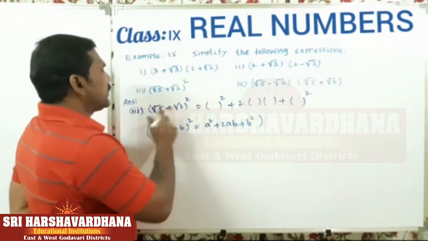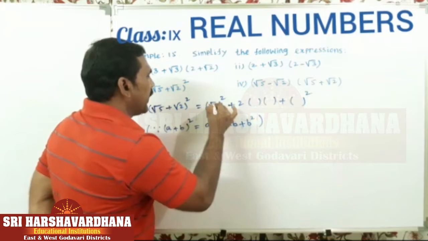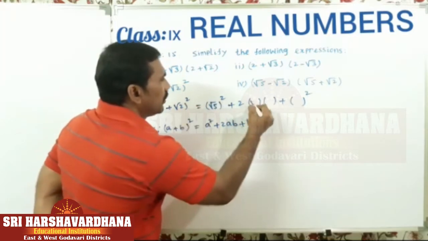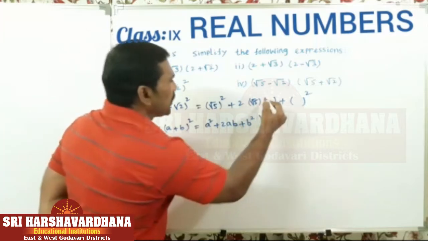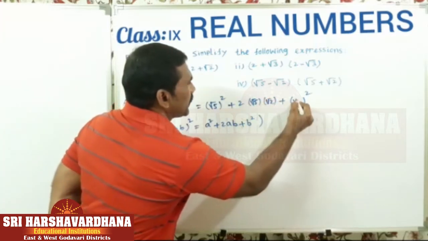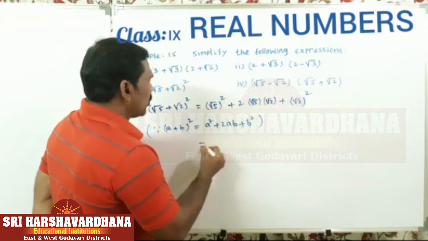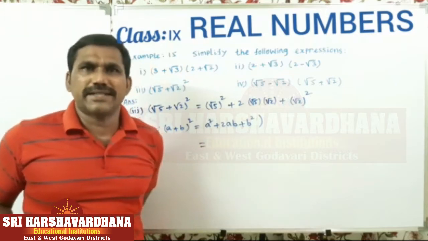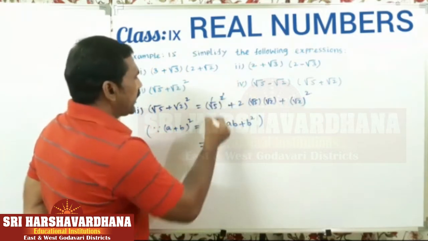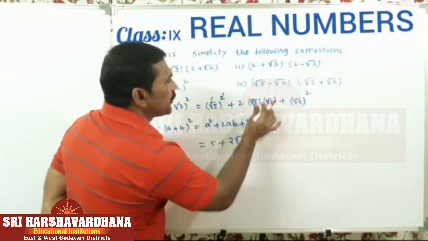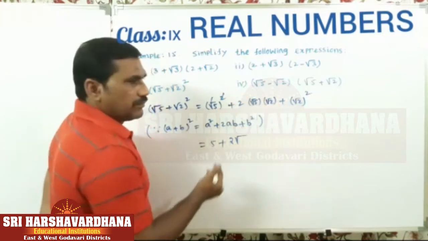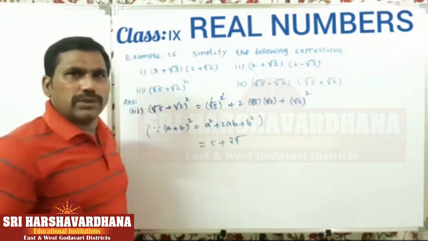Okay, what is first term, children? Root 5. What is second term, children? Root 2. Root 5 whole square means 5. Square and root will be cancelled. Plus 2 root 5 into root 2.